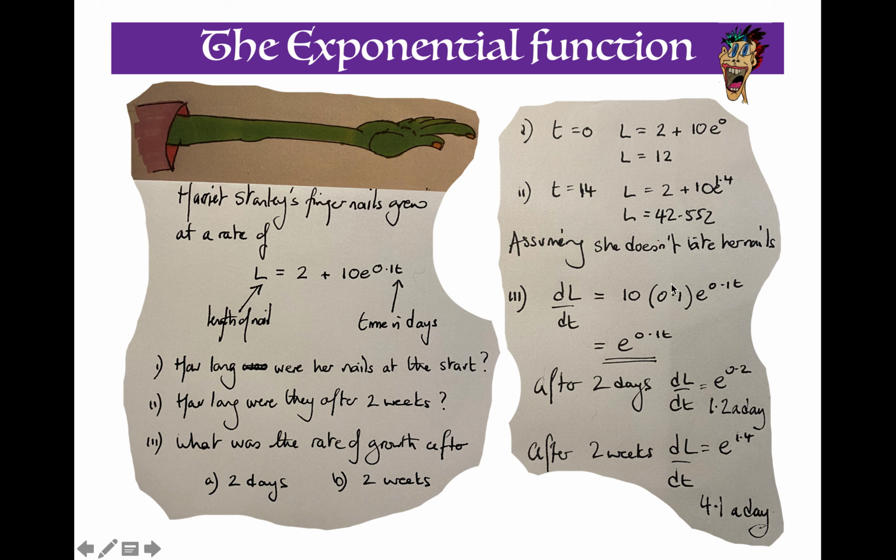So it's 10 times 0.1, which is 1, e to the 0.1t. And we simply substitute the values in, again in the right units. If I put 2 in here, I get 1.2 millimeters a day growth. But after 2 weeks, substituting 14 in, 14 times 0.1 is 1.4, I get 4.1 millimeters growth a day.